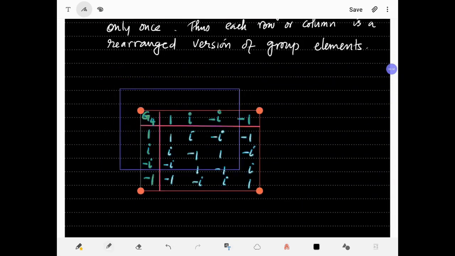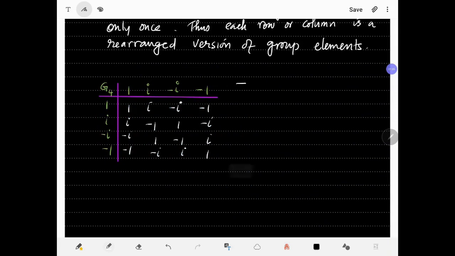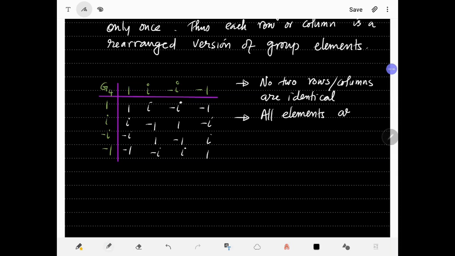Let's take the previous example. You see that no two rows or columns are identical. If you take any row or any column, you can find every element in the group, but each element appears only once. And you cannot find any element other than group elements in the table.